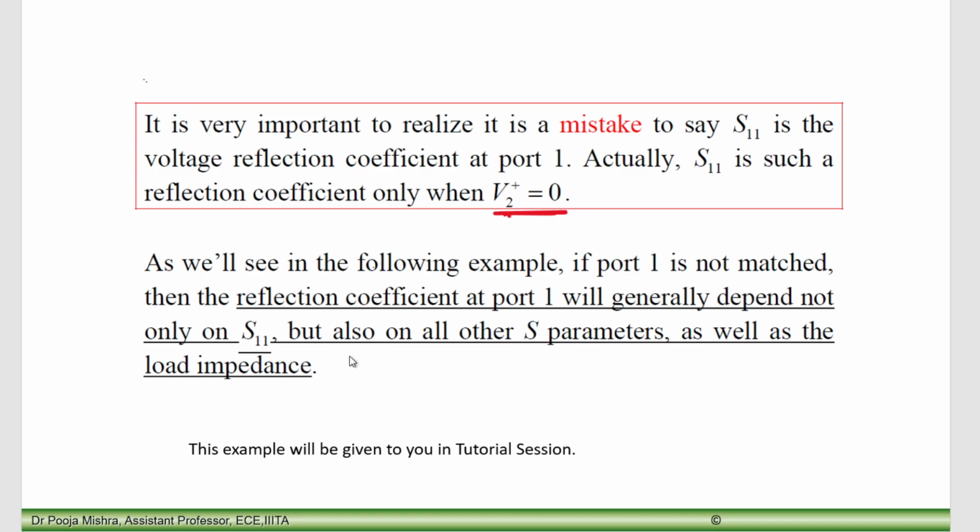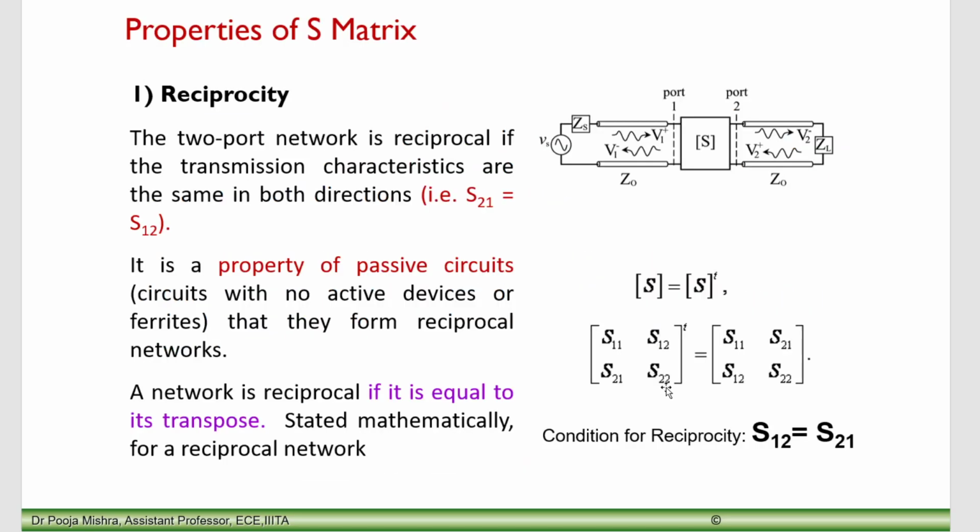It will depend on other parameters also. I'll give you one example where you may see that S11, the reflection coefficient at port 1, actually depends upon other parameters also if port 2 is not properly matched. We'll see later in the tutorial session.